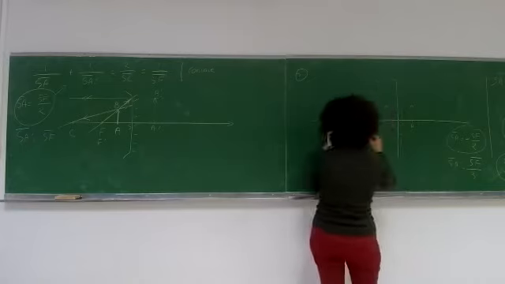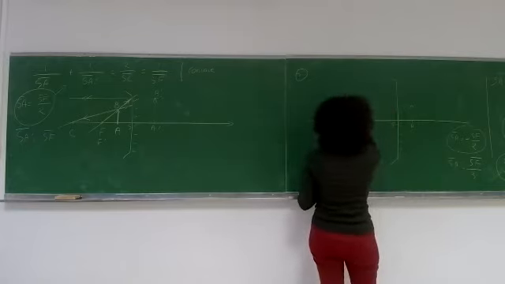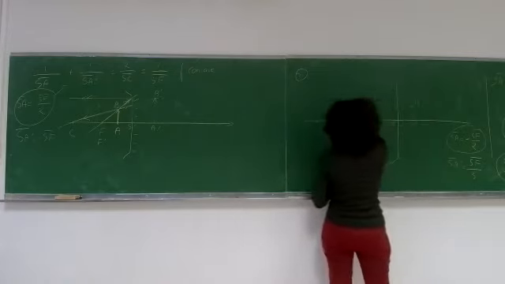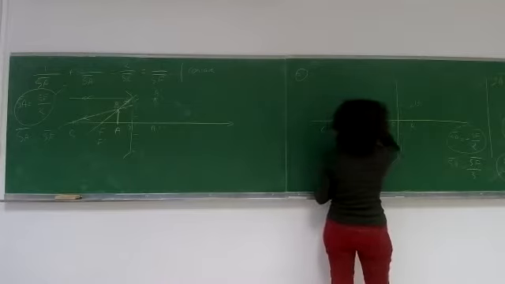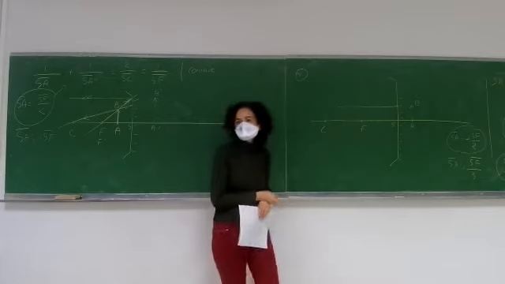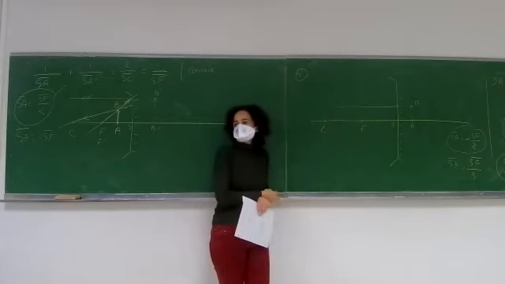Okay, so I do exactly the same. This way there is a ray coming through B. Which part of the ray could exist there? Which part of the ray is real?